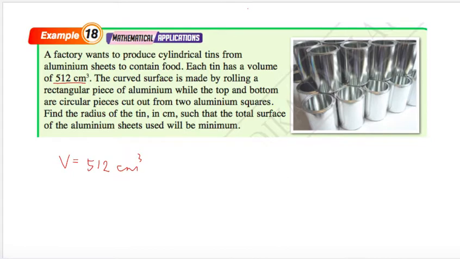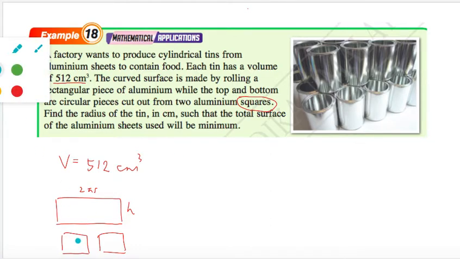Information given. The curved surface is made by one rectangular piece. The circumference is 2 pi r, so here will be 2 pi r. This is the height. This is the body. And top and bottom are made up of 2 squares. The top here is actually a circle.